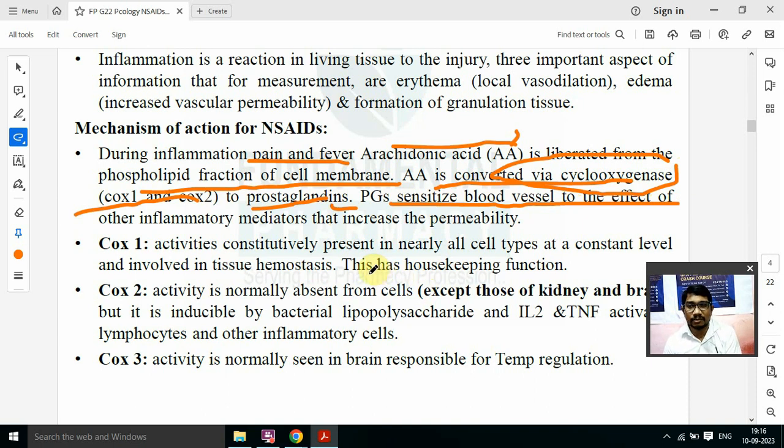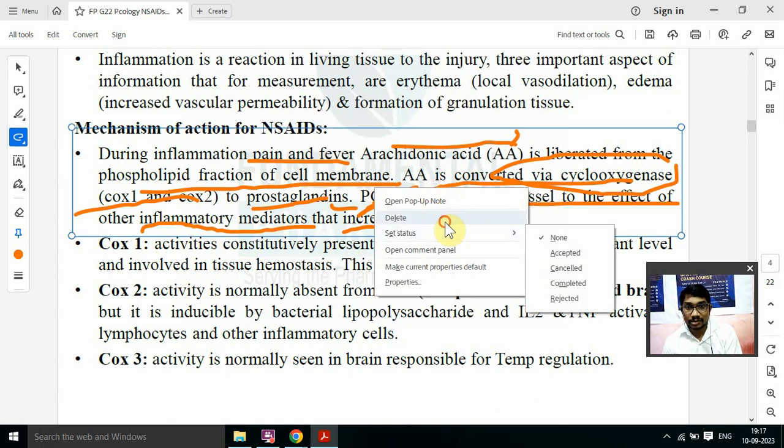That causes edema. These prostaglandins also sensitize the peripheral nerve endings and stimulate them, and that's how they increase the pain. They also increase the sensitivity of cells towards other inflammatory mediators, which increase permeability, causing edema, swelling, and pain. That's how there is the inflammation.